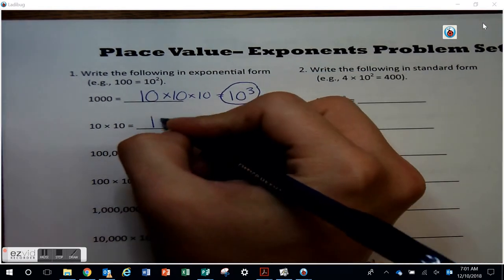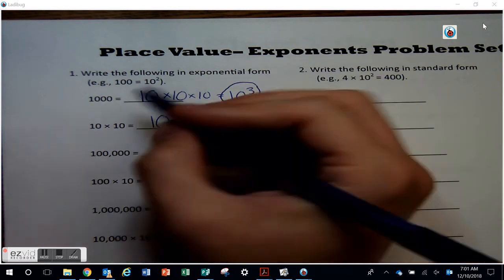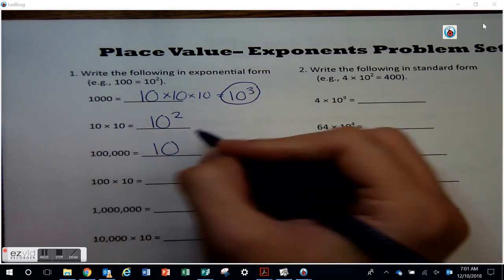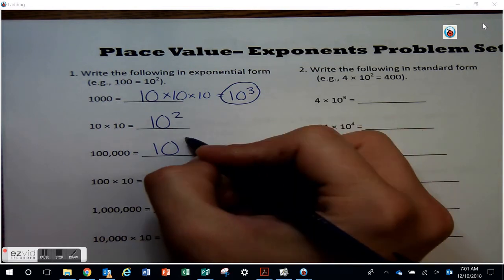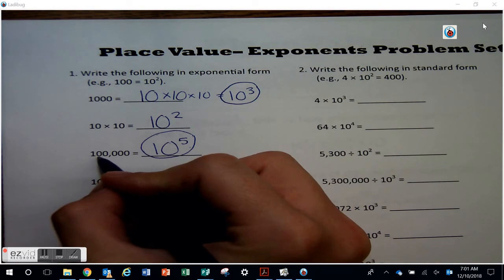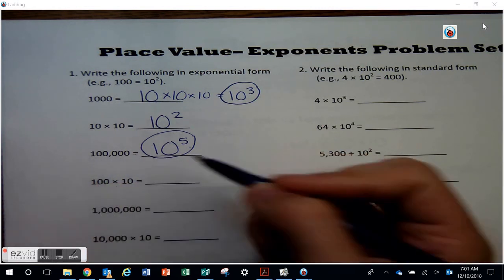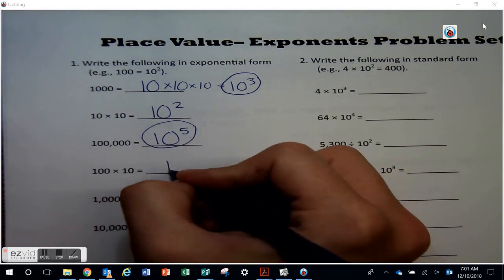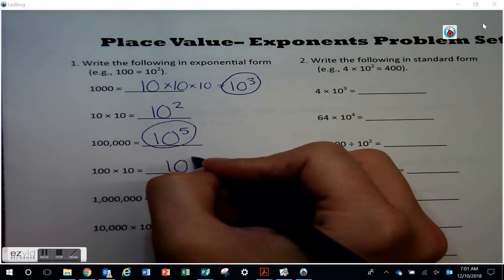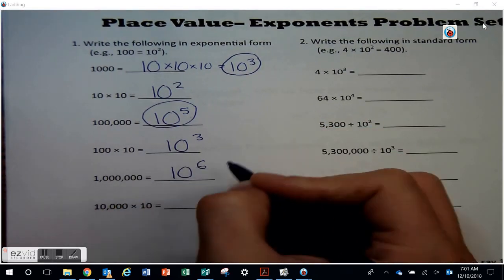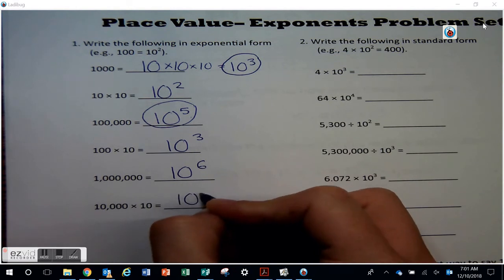This would be 10 to the second power because I have two 10s. This would be 10 to the fifth power because I can even tell by looking at the zeros. Here we would have 10 to the third power. Here we would have 10 to the sixth power, 10 to the fifth power.